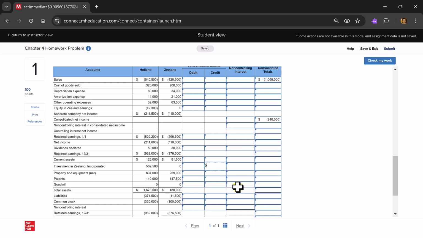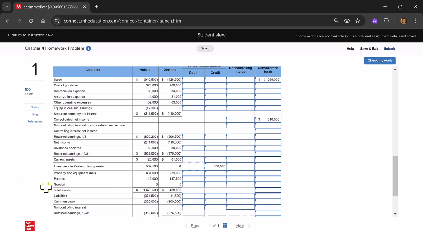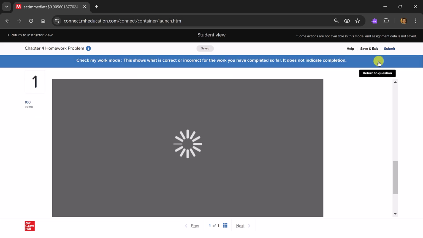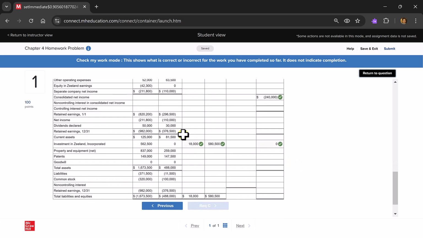Enter it as a positive. 580,500. There's also a debit here, 18,000, again going to the investment account. Of course, all of this is to zero out the investment account. So let's double check that. Okay, so I leave it up to you to fill in the rest of the blanks here.